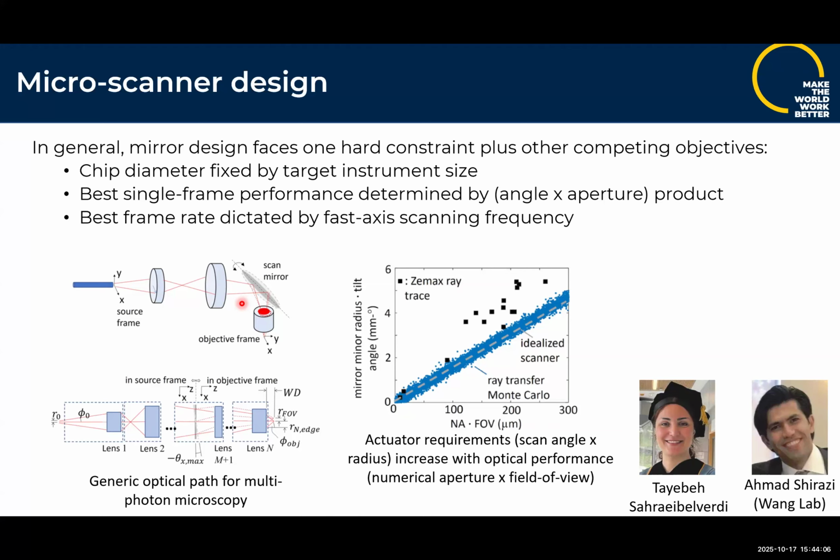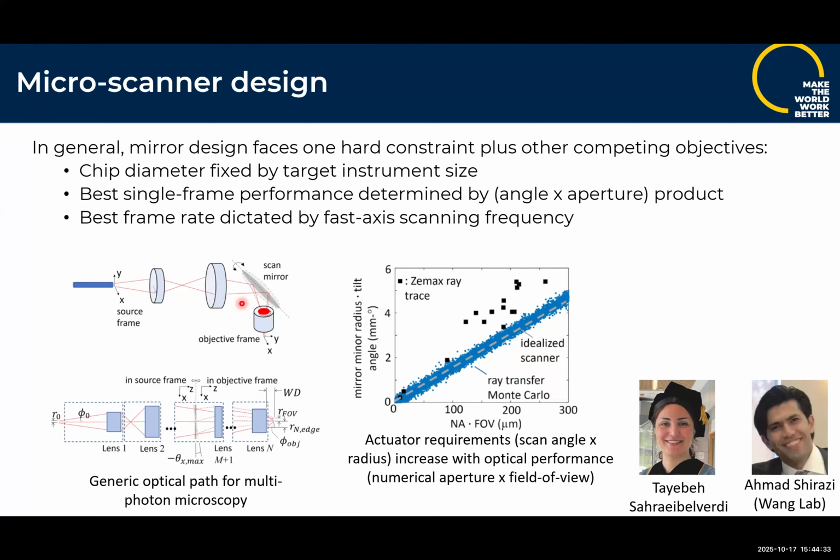That product scales almost exactly linearly in a simulation, and in a more realistic ray trace simulation, close to that linear trend, with two metrics for the mirror, which are basically the size of the aperture, in this example the minor radius of an elliptical reflector, and the tilt angle the scanner can do.